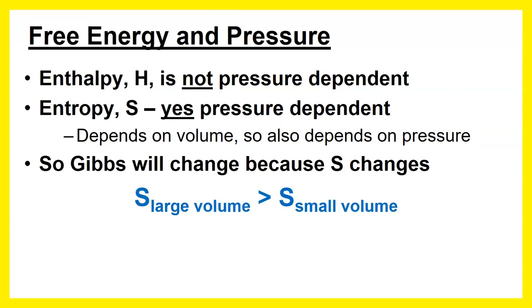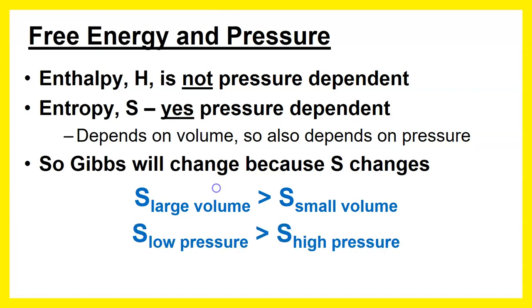So the larger your volume, the more entropy you have. Lower the pressure, more entropy you have. The nice thing is the problems we do tend to be simplified. We're not going to be changing all sorts of variables at one time or things get way too complicated. But it is something that you should know in case you're trying to choose a more favorable condition. It's good to know how the entropy is impacted by that pressure and therefore how Gibbs is impacted.